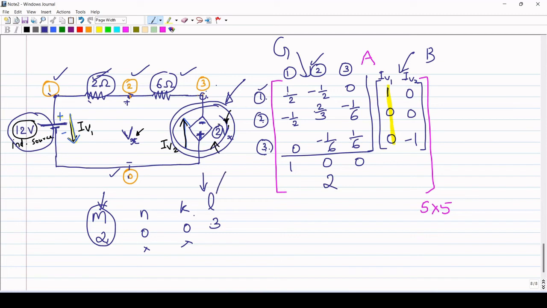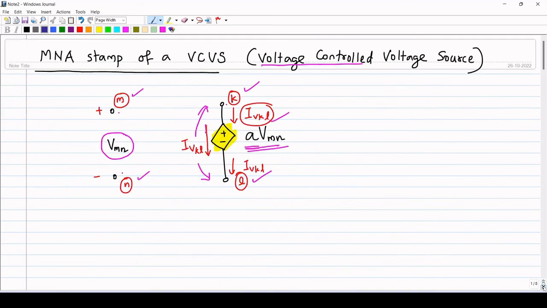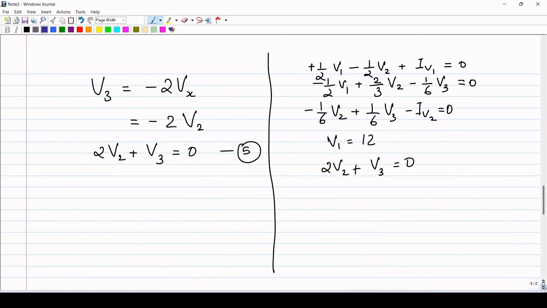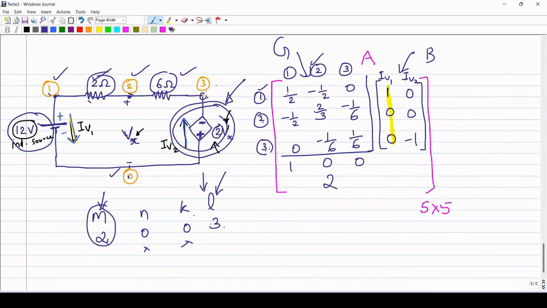Similarly, on the lth node you have to put 1, because from our theory you can see that on the lth node you have to put a 1. Here the lth node is the third node, so on the third column you have to put 1. The other entries are zeros.